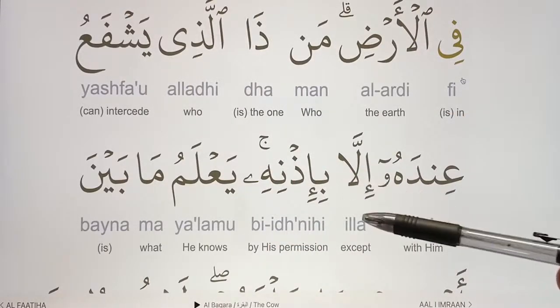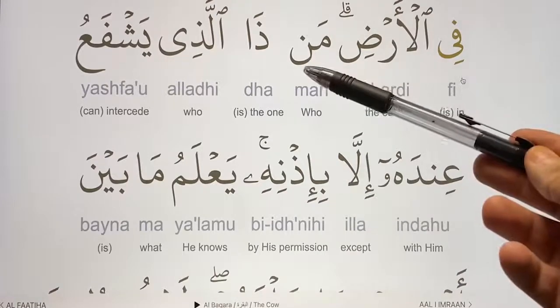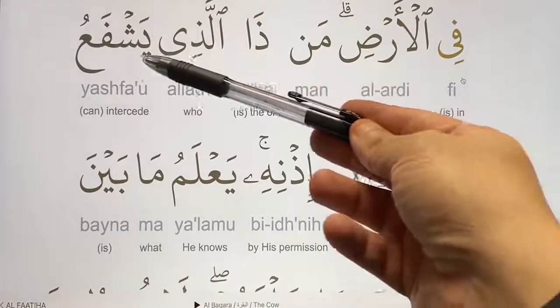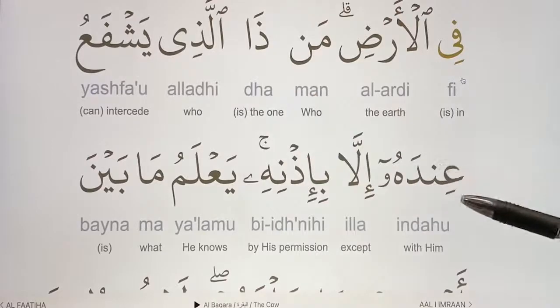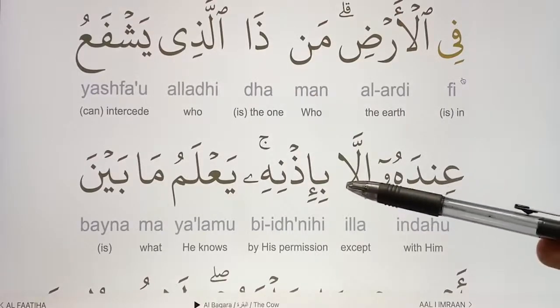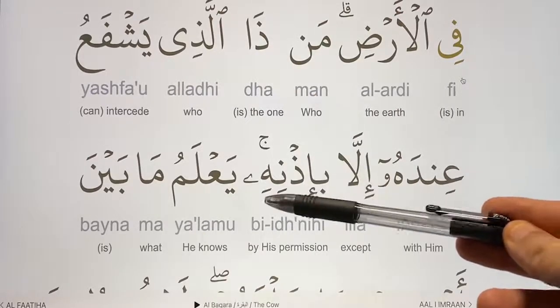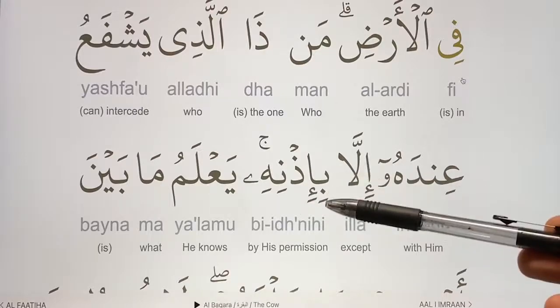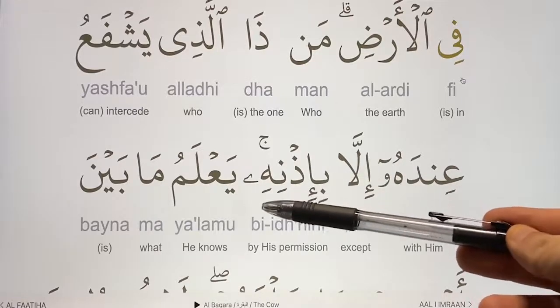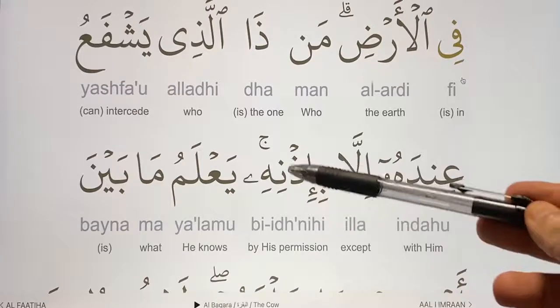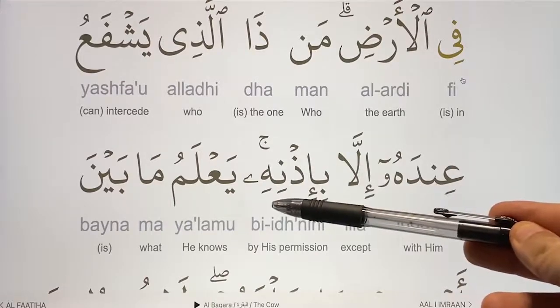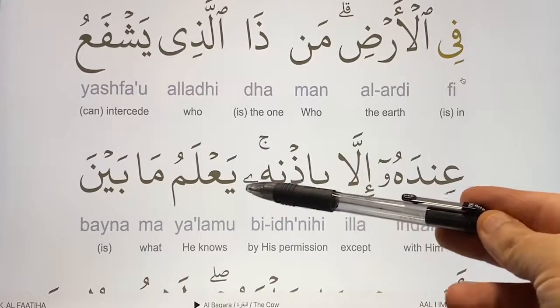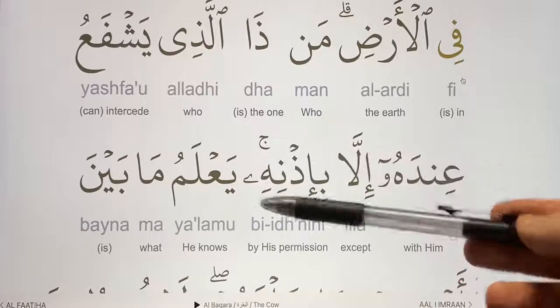إلا. من ذا الذي يشفع عنده إلا بإذنه. That's if you're going to continue, but this is a good place to pause again.